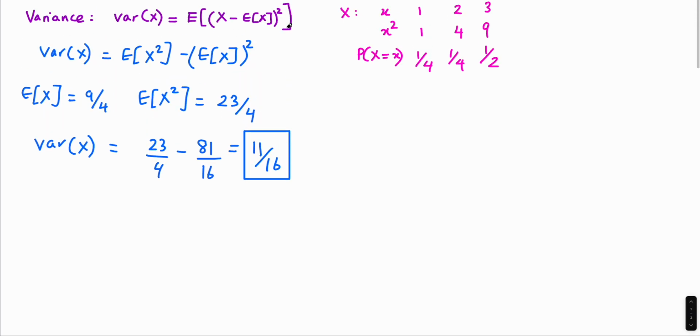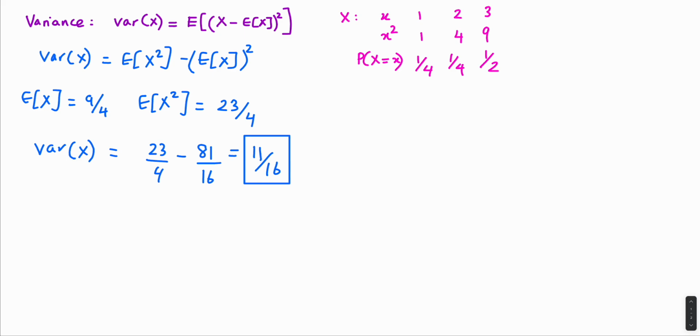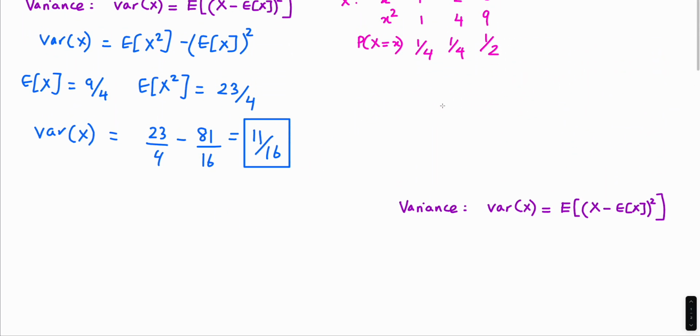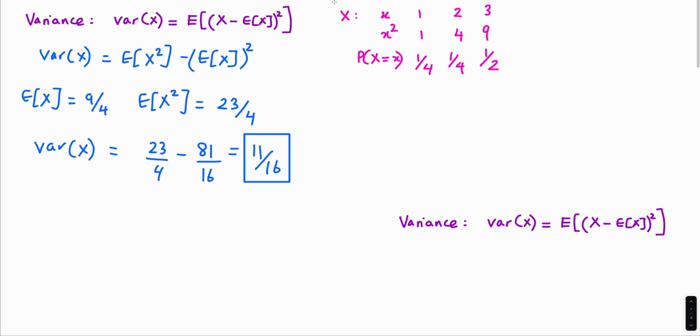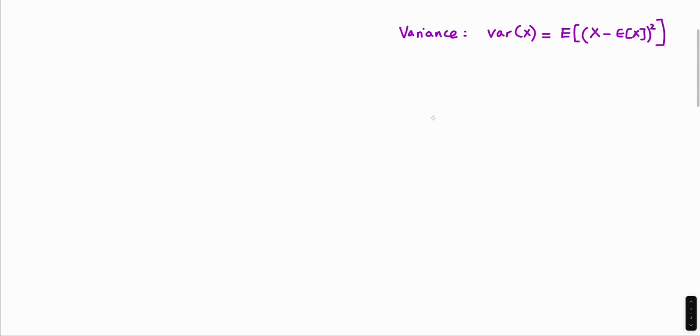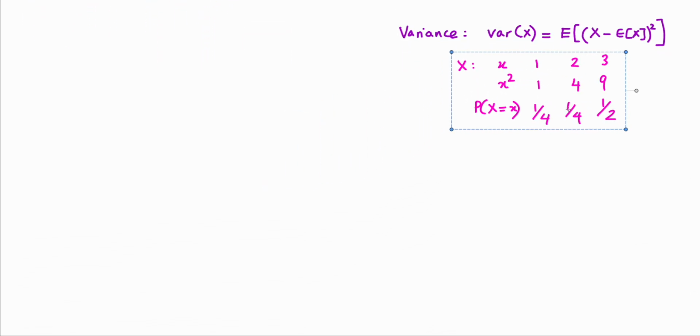I need to have the definition of variance on the side, because that's something we are going to need as we try to visualize it. I also want the information about the random variable on the side as well. So I think this is all we need.